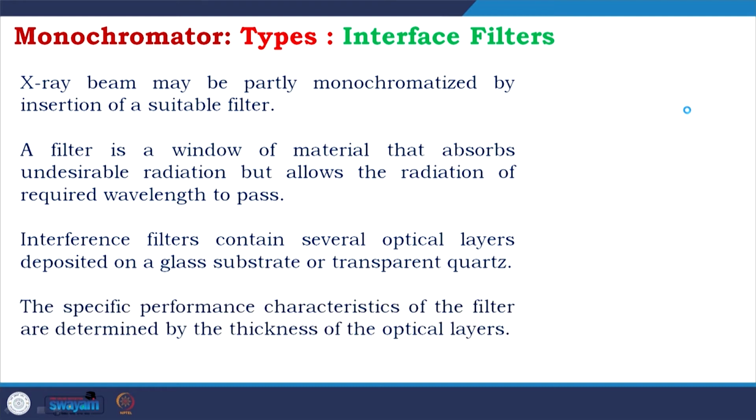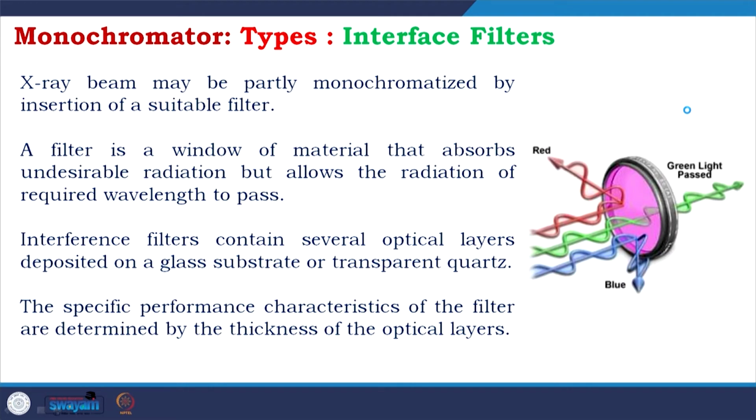The specific performance characteristics of the filter are determined by the thickness of the optical layers. Like here, you see the interference filter. This is called a green interference filter, because when red is coming, it is reflecting, blue is coming, it is reflecting, but green is allowed to pass.